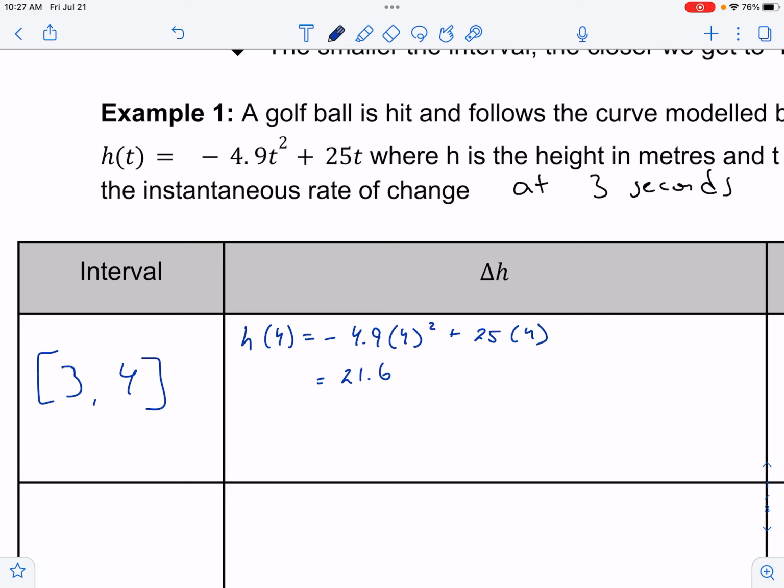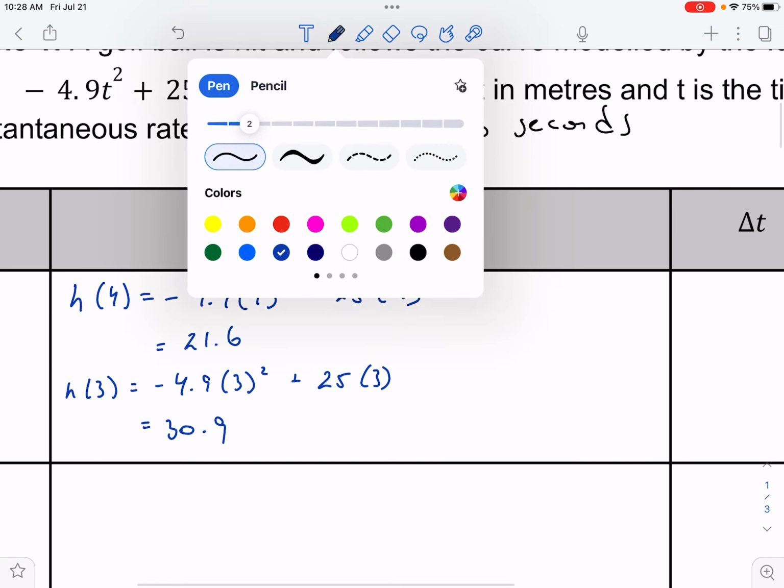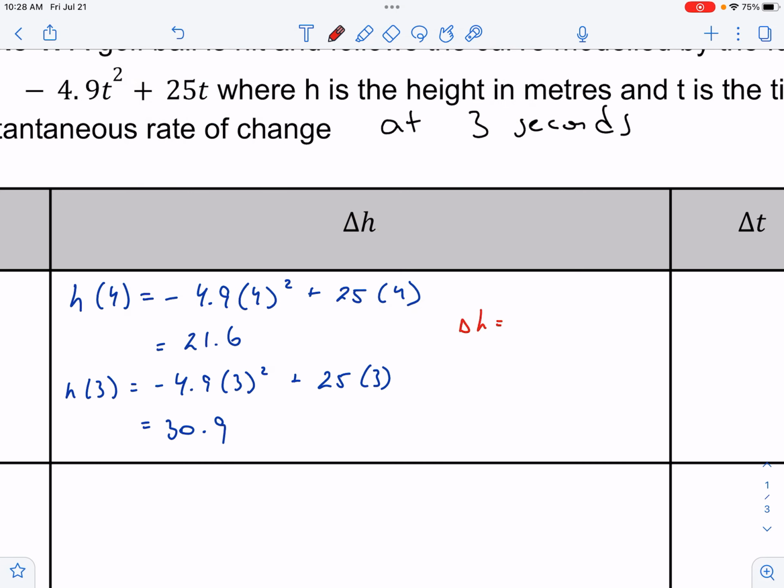Then my h of 3 is negative 4.9 times 3 squared plus 25 times 3, which is 30.9. So in this case, my delta h will be 21.6 take away 30.9, which is about negative 9.3.